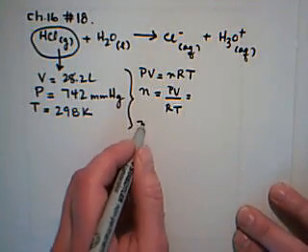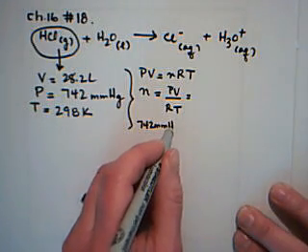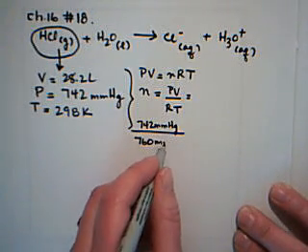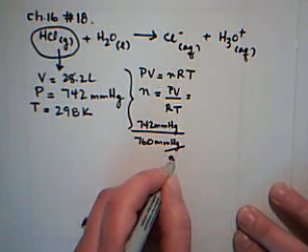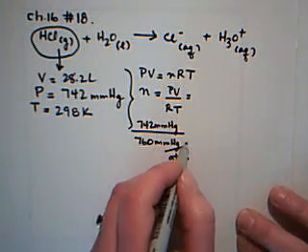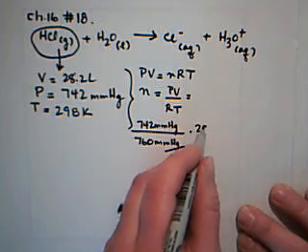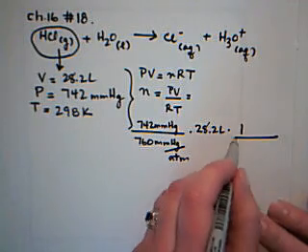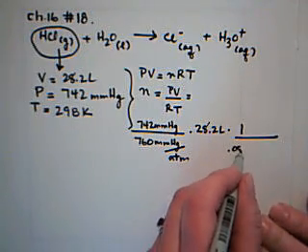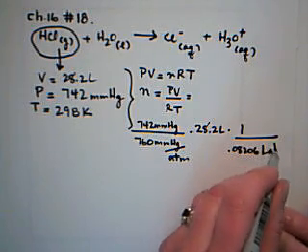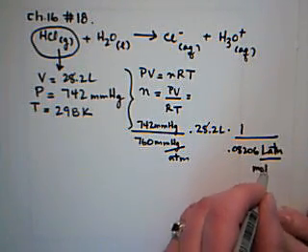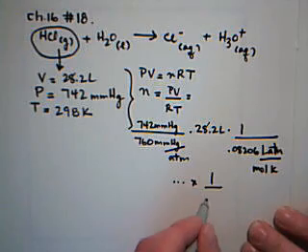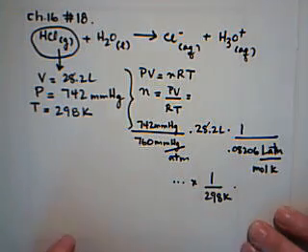So pressure, 742 millimeters mercury, and I'm just going to divide that by 760 millimeters mercury per atmosphere, and that'll take care of that unit conversion, times a volume of 28.2 liters, and then that is times 1 over RT, so 0.08206 liter atmosphere per mole Kelvin, times 1 over, because I ran out of room here, 298 Kelvin.